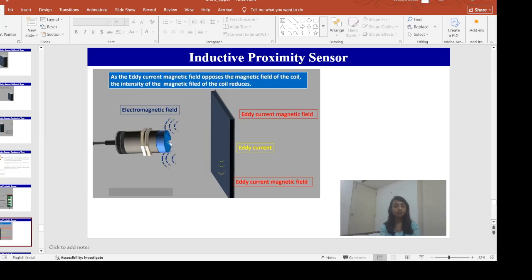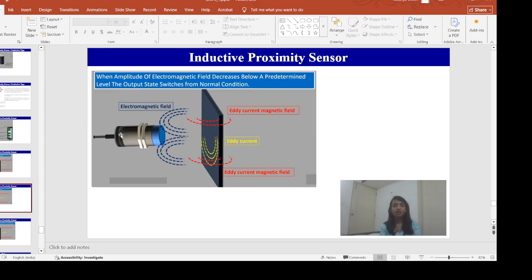Now what will happen when this object or target comes closer to this inductive proximity sensor? The eddy current of this target will increase and the electromagnetic field of the coil will reduce. The intensity of the magnetic field of the coil will reduce.